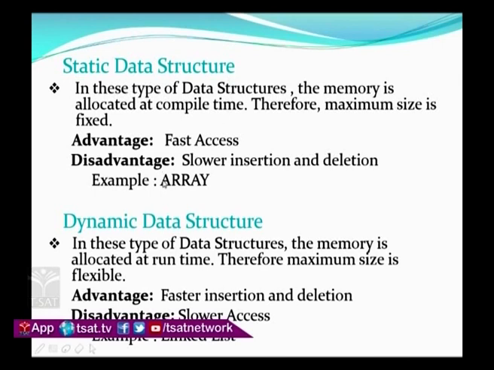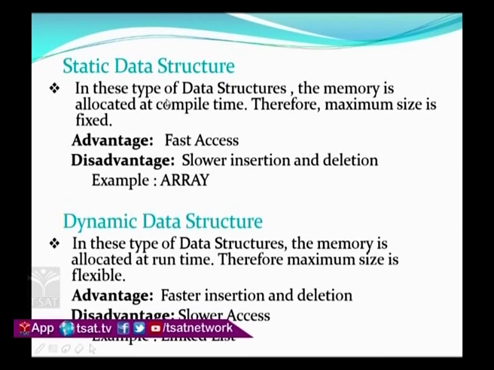Whenever we declare an array, we first have to specify its size, meaning how many elements can be stored inside it. Therefore the maximum size is fixed before execution. That means the size of the data structure is decided at compile time, and the memory allocation is done at compile time.